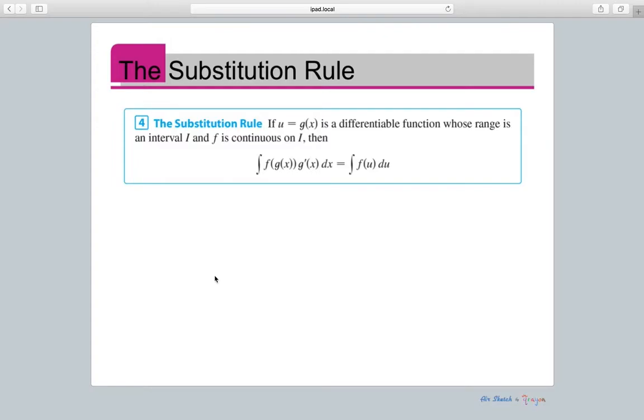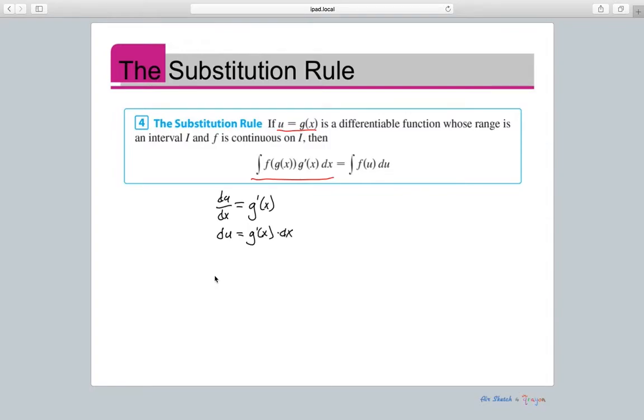So what it's saying is, if we have an integral in this form, and if we let u equal g of x, then notice that du dx is g prime of x, and that means that du is g prime of x dx.